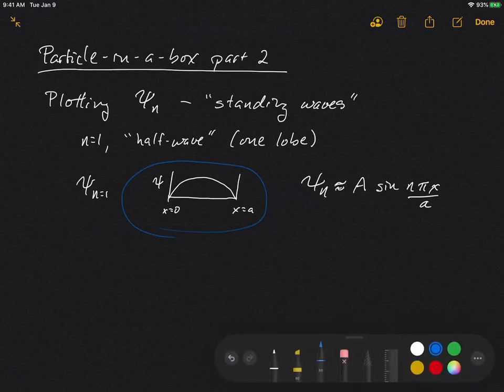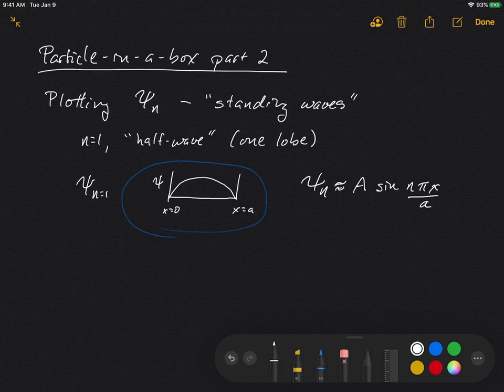And it's useful to indicate a few things, what it is you're sketching, what the length range is from x equals 0 to x equals a. And of course, one thing we have to remember, we previously defined that our wave function vanishes outside the box.